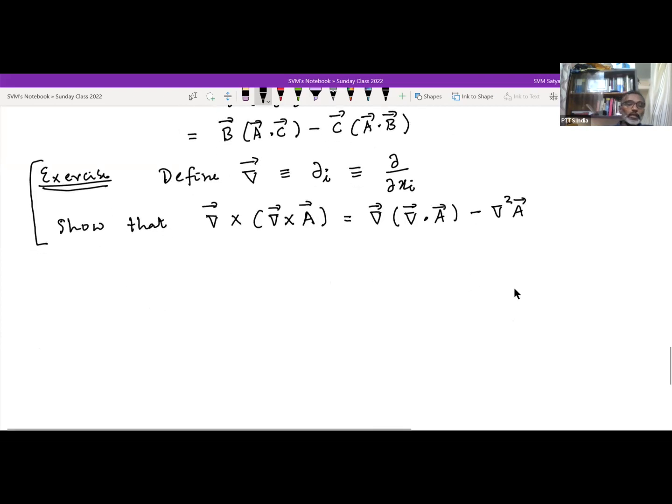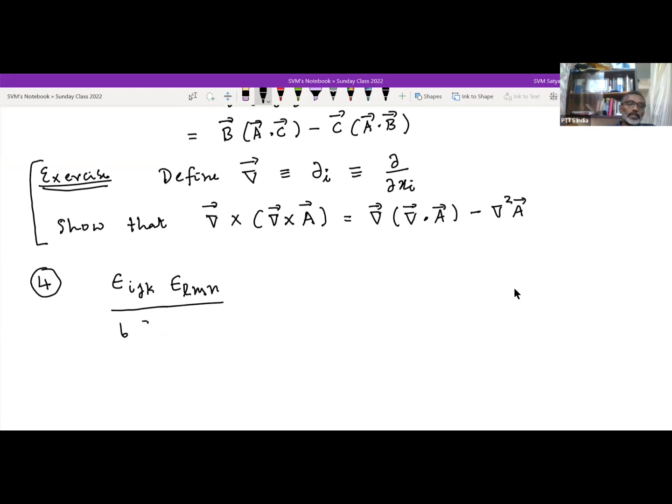Now let us look at the final thing here. That is, I'm now going to ask what is epsilon ijk and epsilon LMN. Nothing is dummy here. So these are all free indices.